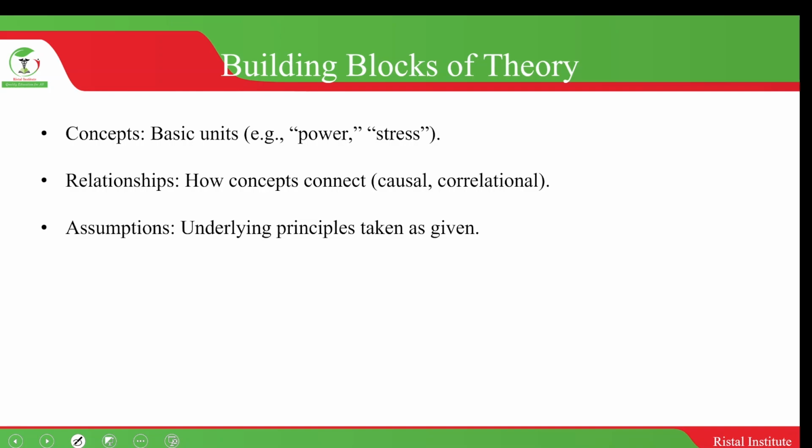When you do that, this is what happens. So these relationships can be causal or correlational. That A causes B is a causal relationship. But you can have, when A increases, B decreases. That is a correlation relationship.